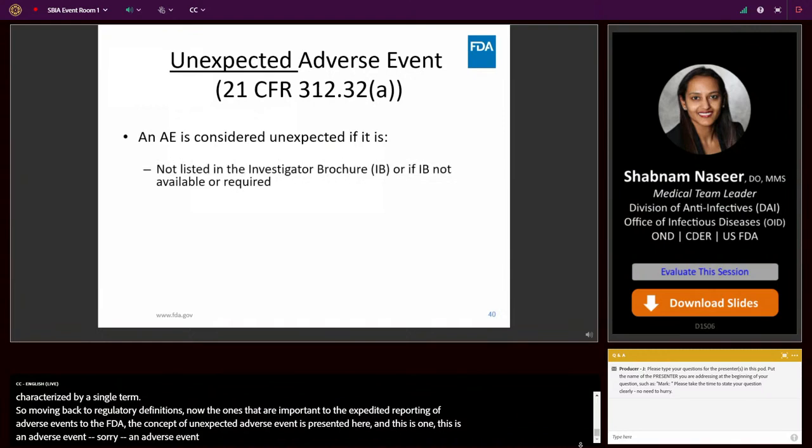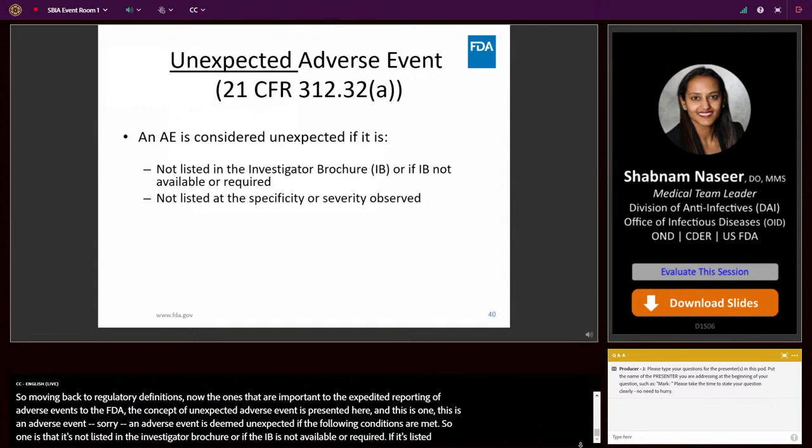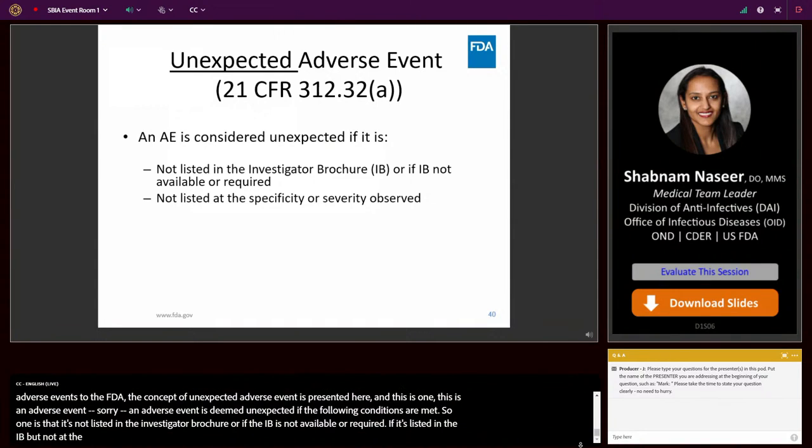So one is that it's not listed in the investigator brochure, or if the IB is not available or required. If it's listed in the IB but not at the specificity or severity observed, and one example of this is the IB lists increased creatinine, but you actually have a case of acute renal failure, which would be unexpected by virtue of greater severity.